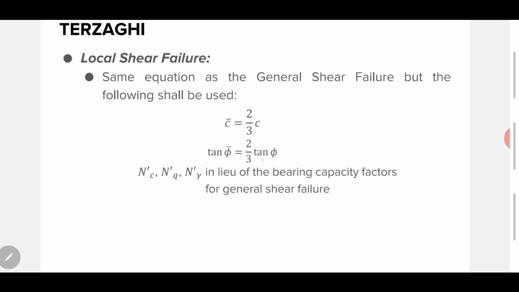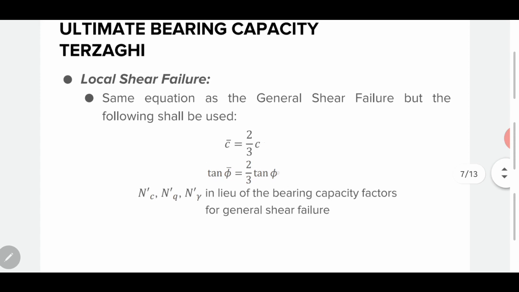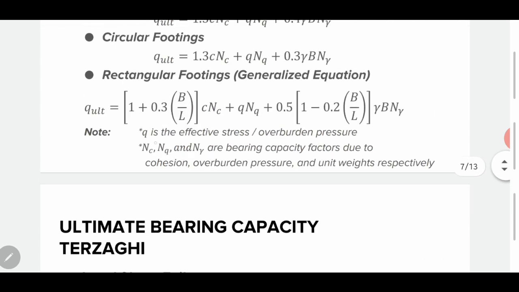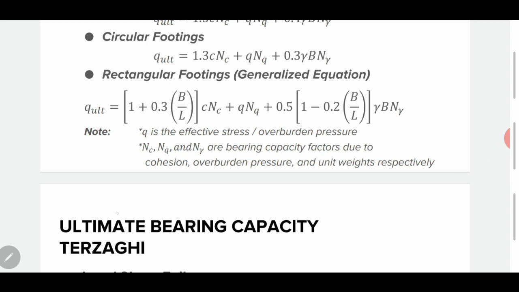Your c and φ here are your shear strength parameters considering the general shear failure. c̄ and φ̄ are your shear strength parameters considering the local shear failure. And then N′c, N′q, and N′γ are the ones to be used instead of the usual Nc, Nq, and Nγ for general shear failure.